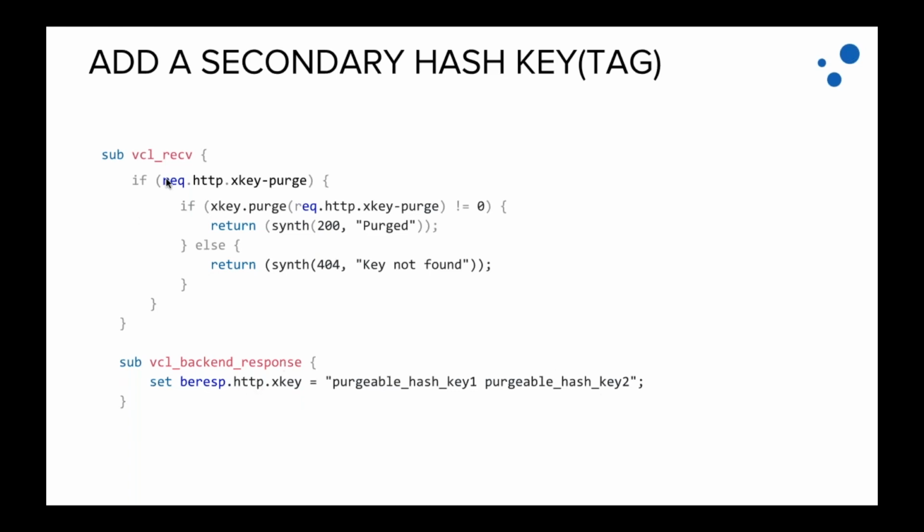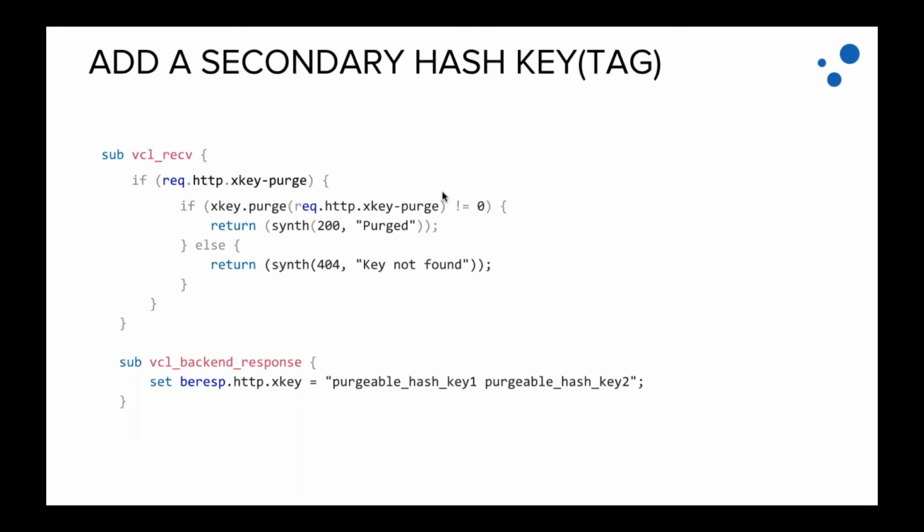And eventually, when a purge request comes in, usually run by a sysadmin or a web developer, we check if we're able to purge content matching that specific X-key purge sent within the purge itself.